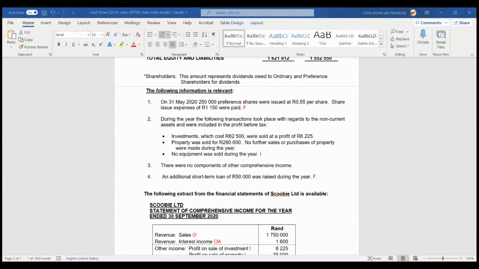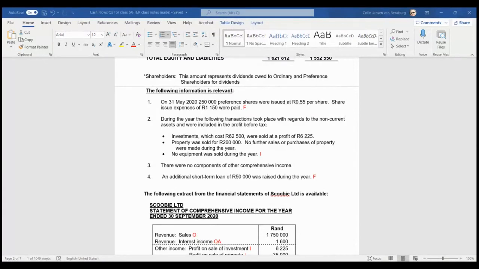And then you remember when we did share capital in the second term, when we discussed, amongst others, IAS 32, we said that any share related cost should not be written off as an expense in the statement of comprehensive income. It should be netted off against the capital account of that specific class of shares, right?